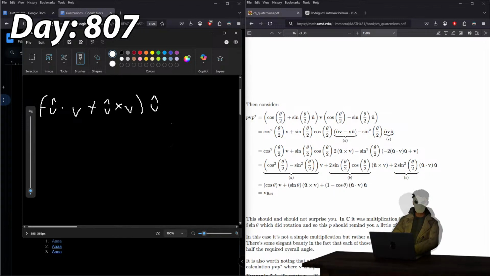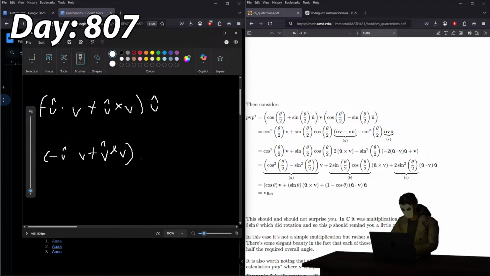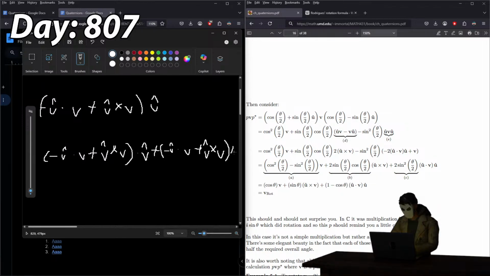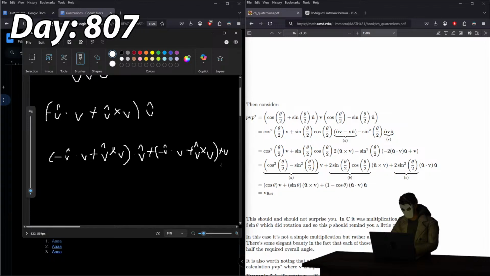Then what we do is we need to take the left and do the same thing, repeat the process, except have negative uv plus u cross v, and then dot u, plus negative u dot v plus u cross v, and then cross v, cross u, sorry.